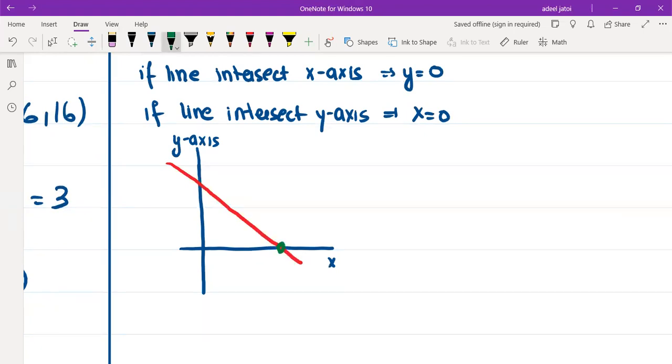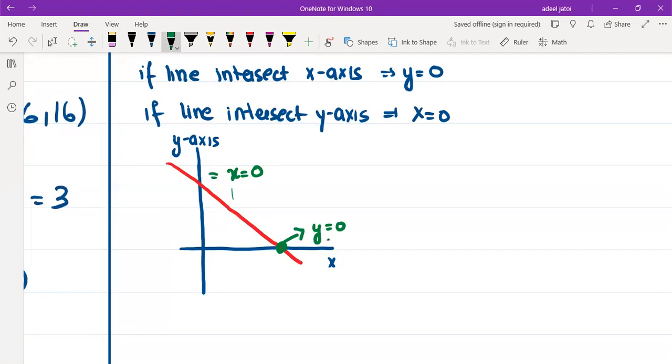So at this point, your y will be 0. That means you already know that this line, the red line, is intersecting your x-axis. Similarly, your red line is intersecting the y-axis. When the line intersects the x-axis, the y-coordinate is 0. And when the line intersects the y-axis, your x-coordinate will be 0.